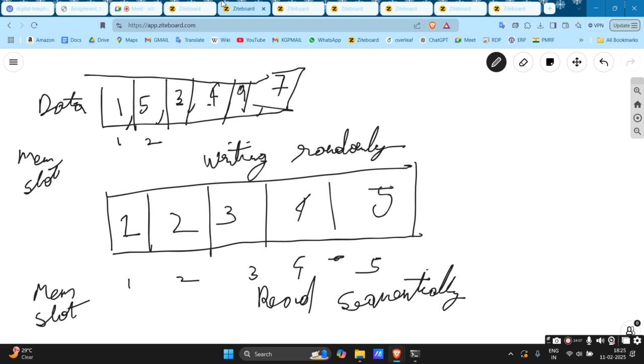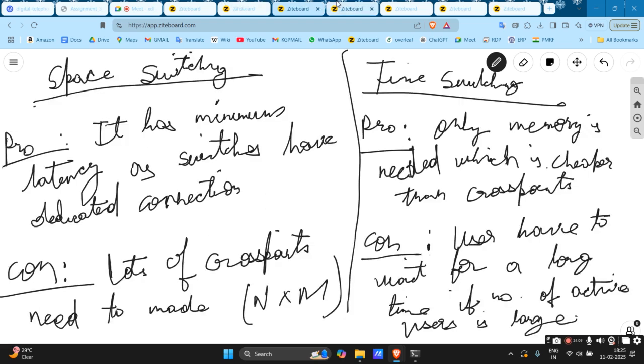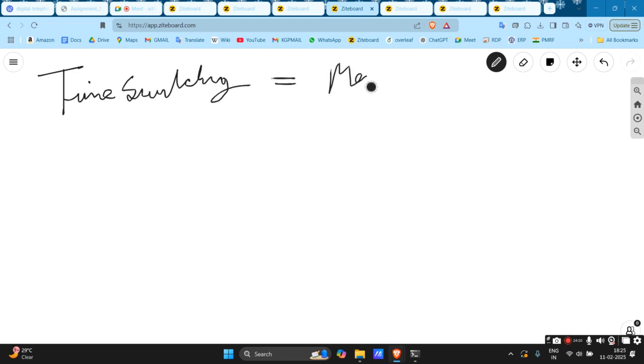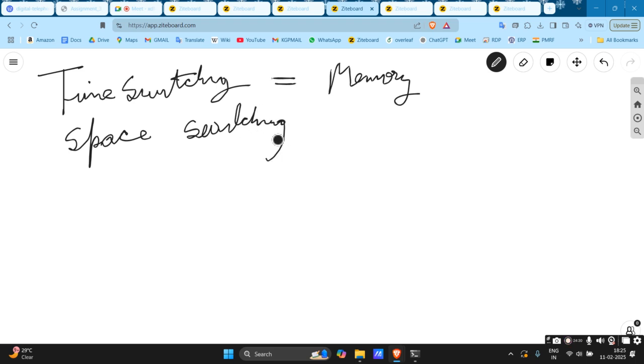So time switching is equal to memory, and space switching is equal to cross points.